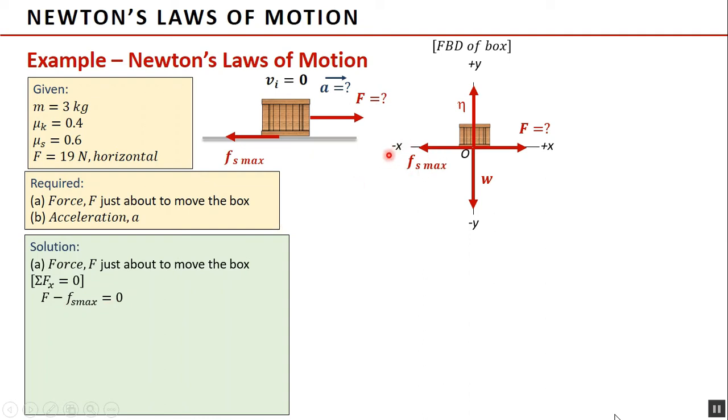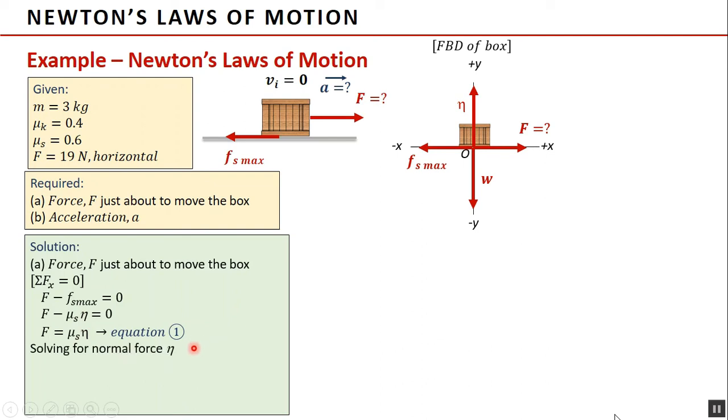But the maximum static friction is also mu sub s times normal force N. Then transposing this to the other side, the force F is also equal to mu sub s times normal force N, and that is also the maximum static friction. But we do not have the normal force from the given information. So let this be your equation number 1.